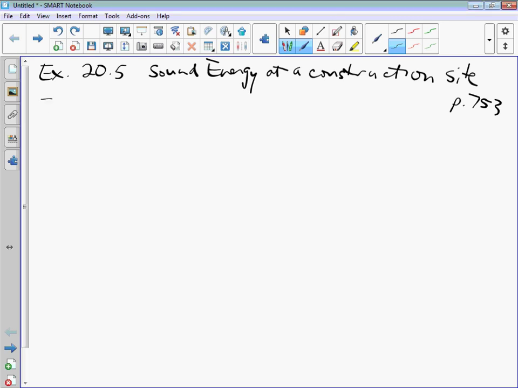So we've got intensity 0.10 watts per meter squared, an area of 0.20 centimeters squared, and a time of 8 hours.